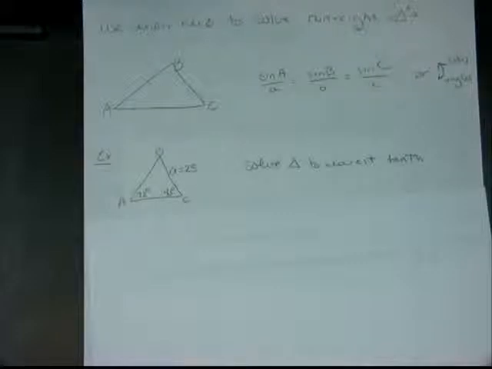Here I have a triangle that has angle A of 72 degrees, an angle C of 43 degrees, and side A is 25. When you're given this piece of information and it says solve a triangle, you're finding all pieces. Just like we did before with our right triangles, you're going to be finding all the sides and all the angles.